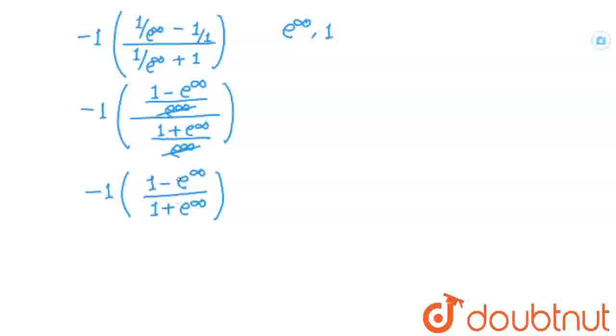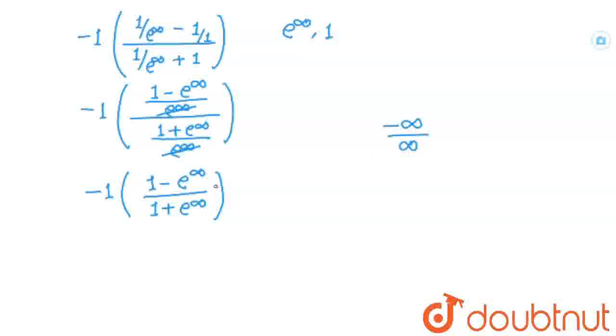In both numerator and denominator, 1 minus e to the power infinity is minus infinity, and 1 plus e to the power infinity is infinity. So infinity upon infinity.